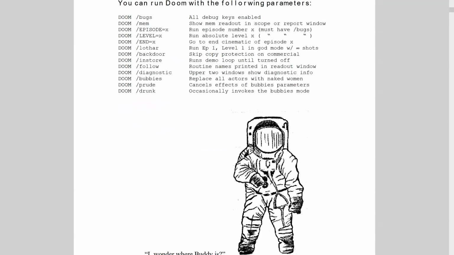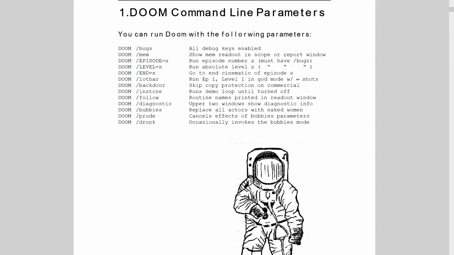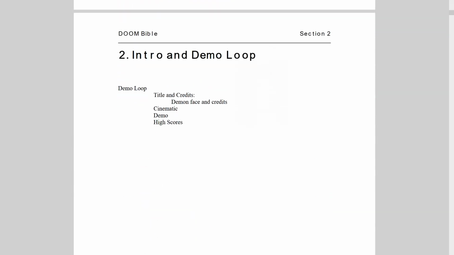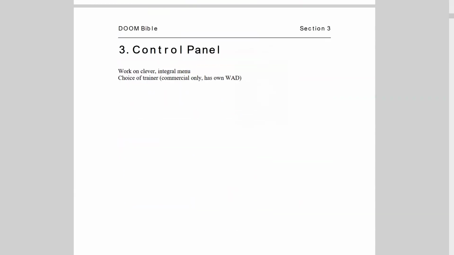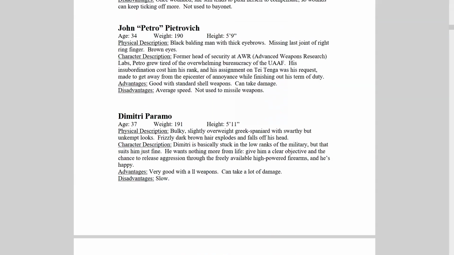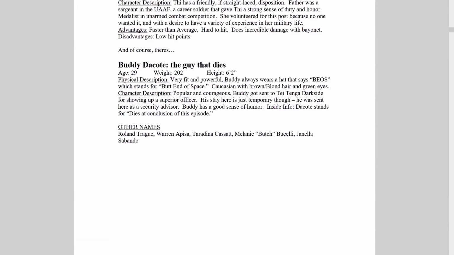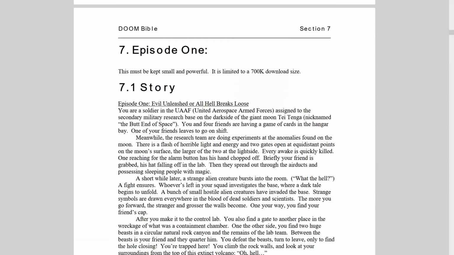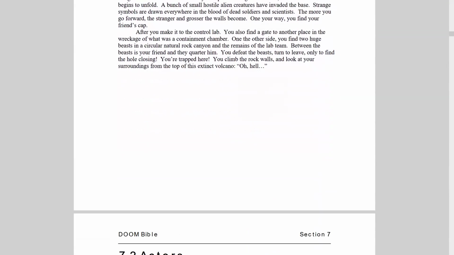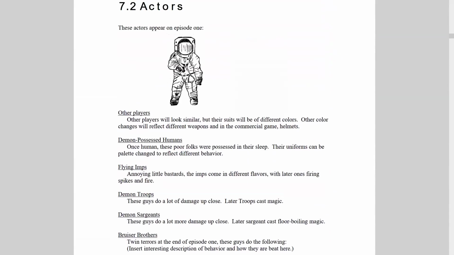Oh, this is like, oh okay, I guess this doesn't look like anything. I guess this one has a lot of character stuff. The story, like actors, other players, humans.